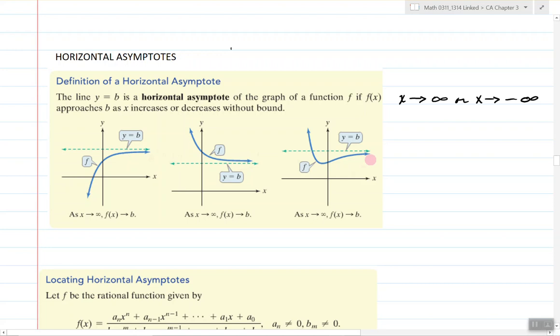Vertical asymptotes, the graph can never, ever cross the asymptote. The graph can cross a horizontal asymptote, but it is a horizontal asymptote if either going this way or going this way, the graph begins to snuggle to the horizontal line.